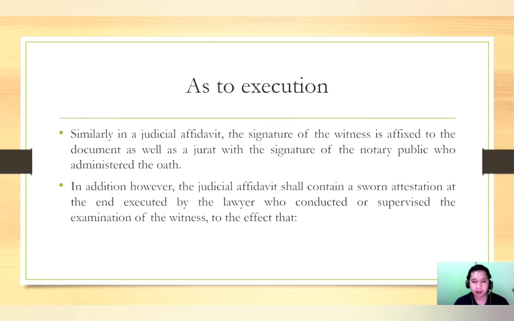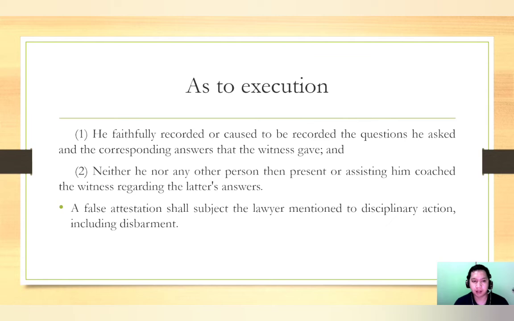apart from the signature of the witness and the jurat of the notary public, the judicial affidavit shall contain a sworn attestation at the end, executed by the lawyer who conducted or supervised the examination of the witness, stating that he faithfully recorded or caused to be recorded the questions he asked and the corresponding answers, and that neither he nor any other person then present or assisting him coached the witness regarding the latter's answer.